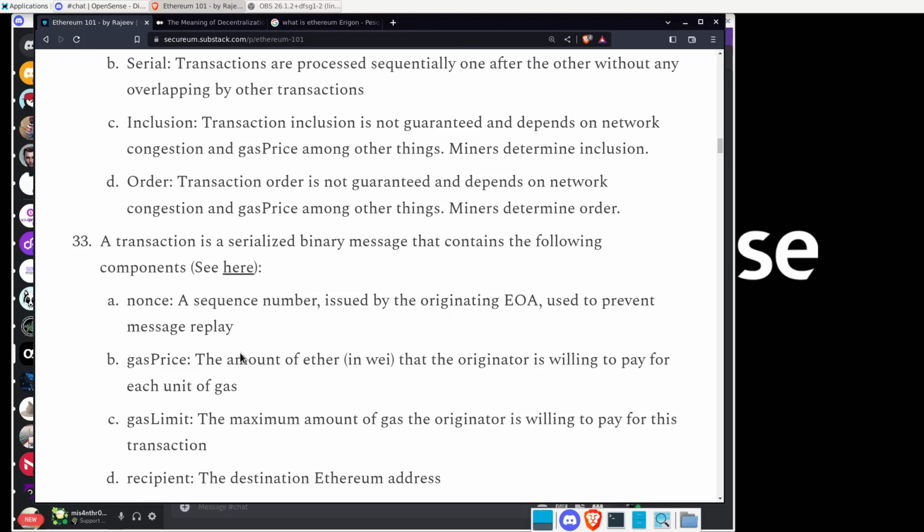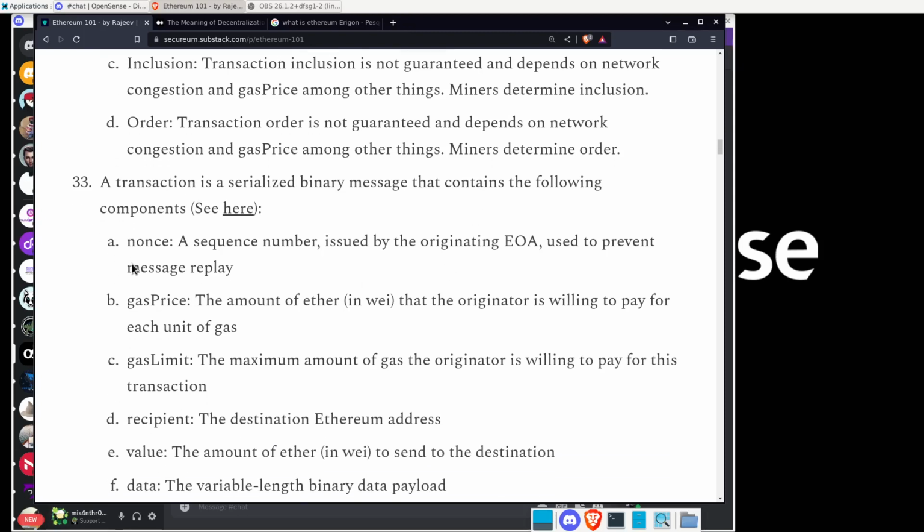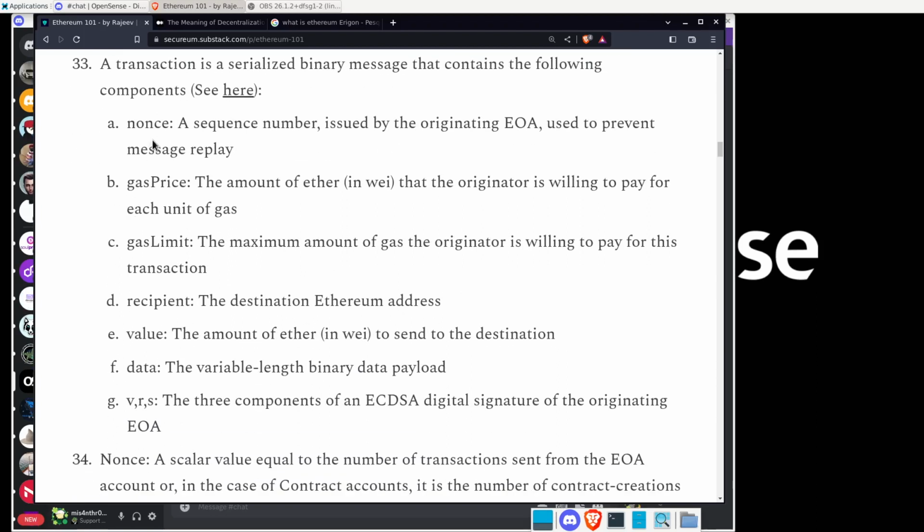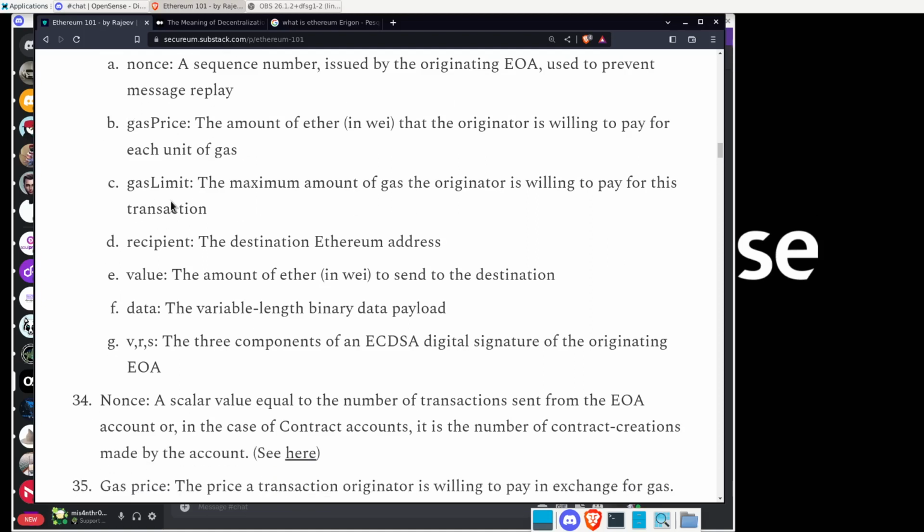A transaction is a serializable binary message that contains the following components: a nonce, the sequential number; the gas price, the amount of Ether that the originator is willing to pay for each unit of gas, okay? Gas limit, the maximum amount of gas that the originator is willing to pay for this transaction.